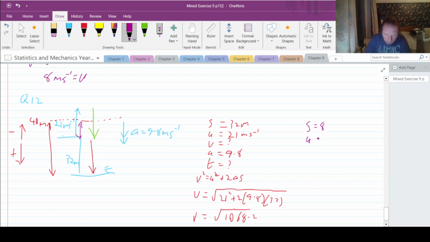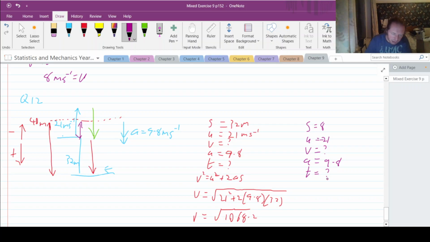My initial speed was 21, my final velocity I don't know. My acceleration is 9.8. Incidentally, my initial velocity was minus 21, and my time I don't know.